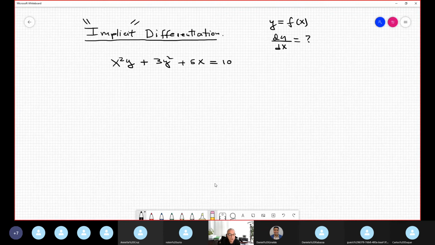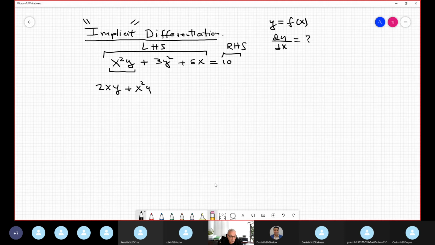Therefore, you differentiate the left hand side and the right hand side. By the way, the derivative of the right hand side is 0. You use the product rule: the first function is 2x, so 2xy, I copy, plus the derivative of the second part, which is x squared, so you put y prime, or some professors write dy/dx.